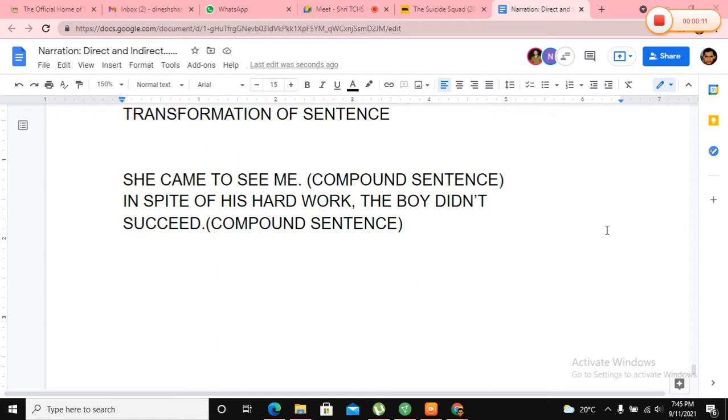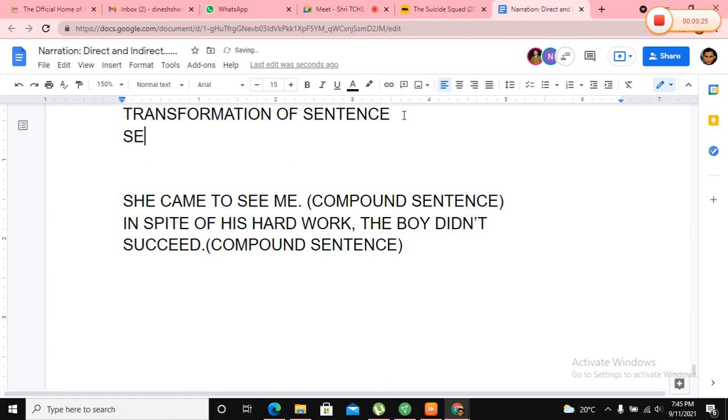Transformation of sentence. Today we are taking the topic of transformation of sentence, and when we began our classes, I told you what a sentence is. A sentence is a group of words.